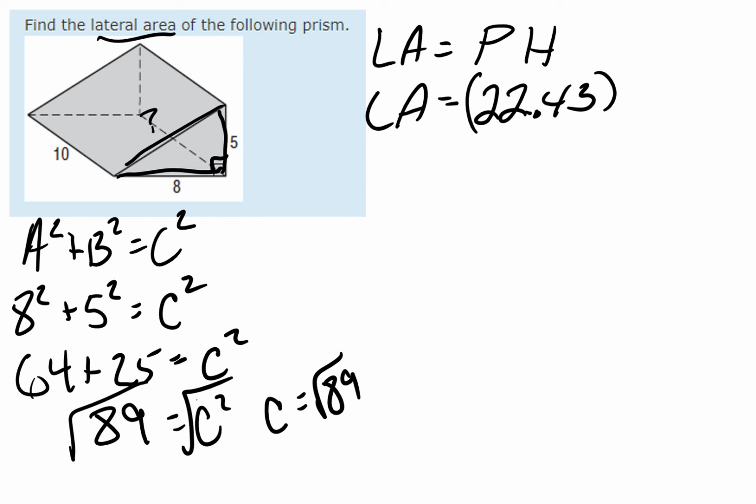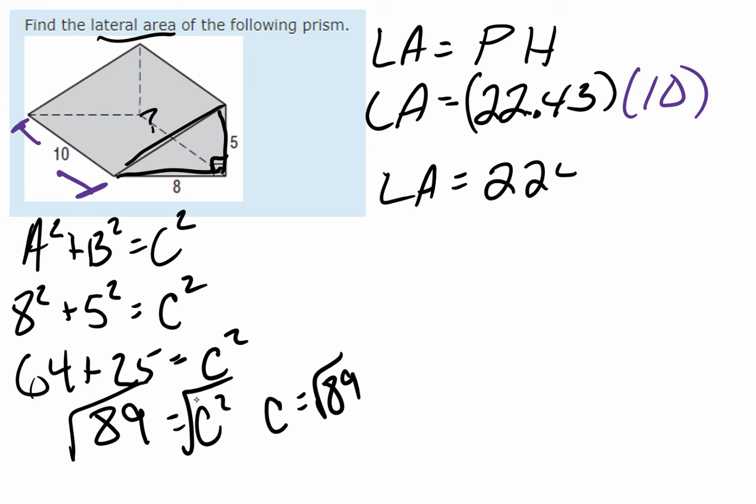Our height of this, because we're looking at a triangular prism and the bases are in the front and the back, our height is 10 because this triangular prism is laying down on its side. So our lateral area for this is going to be 224.3 units squared.